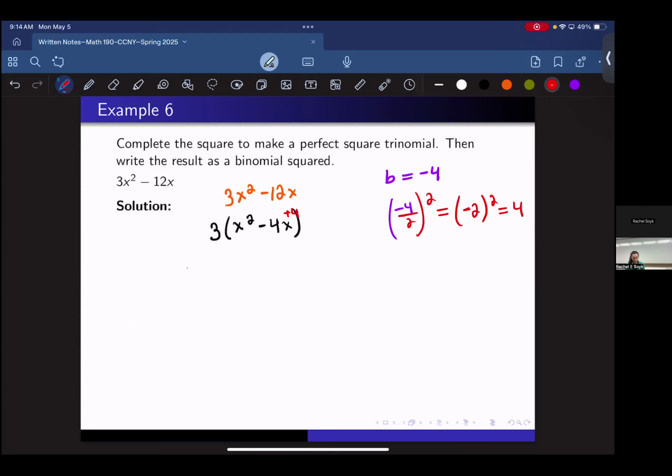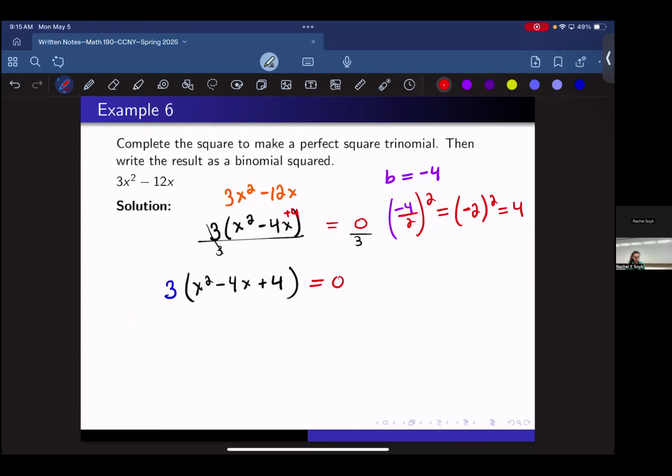And what's going to happen is when we pull that 3 out, let's say this was equal to 0 or some number, we divide both sides by 3 to get rid of that. And then we have our whole x squared minus 4x plus 4. But we have no number here right now, so we can literally just keep the 3 over here, and we'll have this equal to 0.